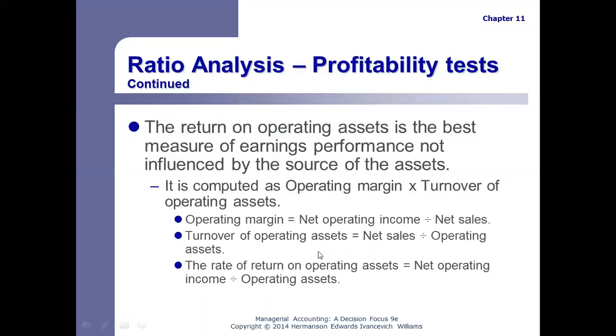They don't sell them quickly, and there's not a high volume of jewelry sold. So the way they make their money is high operating margin, not high turnover. The ideal company has both high operating margin and high turnover.